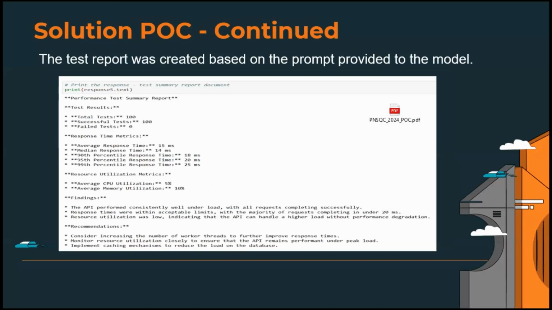Rather than me going through each of the things, it just gave me all the results. Like, you ran 100 transactions, and these were the transaction response times with the average, median, 99th percentile, all the things. It gave me the utilization and some of the findings, and it even gave me some recommendations.